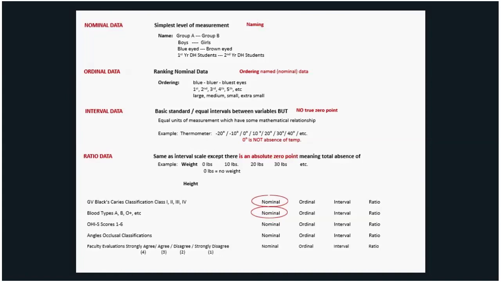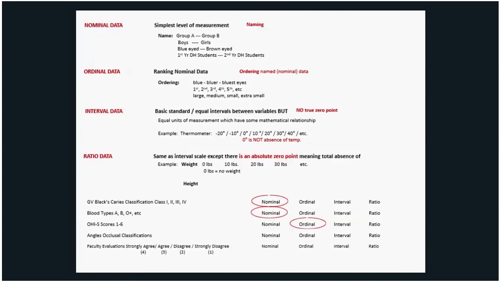And we're trying to say, okay, here's dirty and dirtier and dirtiest and really dirty, but there's no mathematical relationship between dirty and really dirty. We're taking nominal data and we're trying to organize or order the level of debris on two surfaces. So this is going to be ordinal.